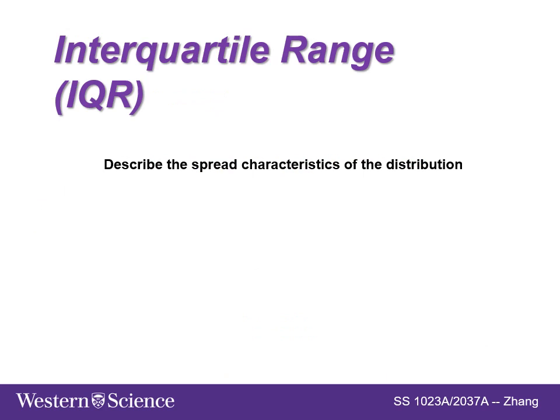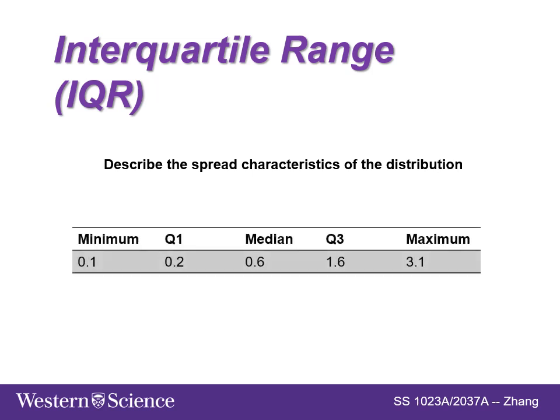Among the distances that we mentioned just now, there's a very important one, which is the interquartile range, called IQR, which is defined as the difference between Q1 and Q3. This measure gives us a very good sense of how the distribution spreads.